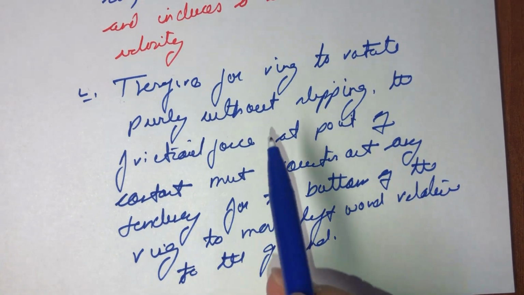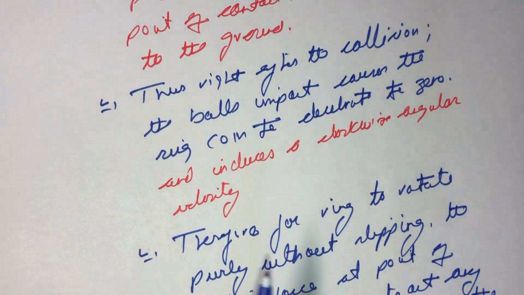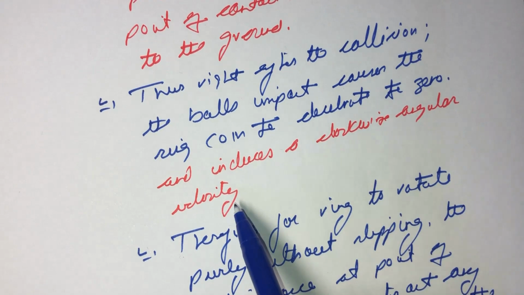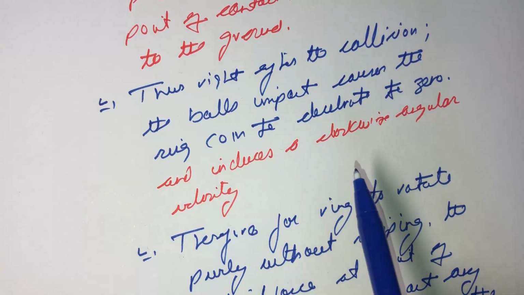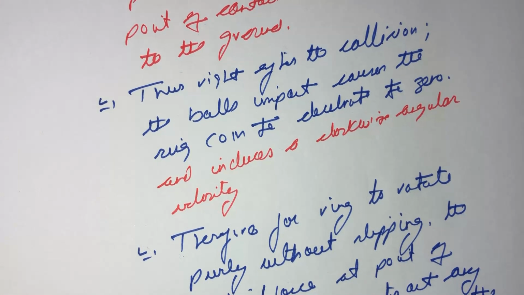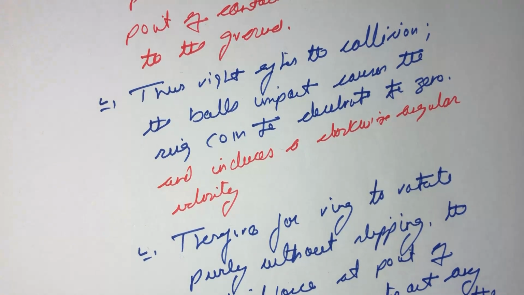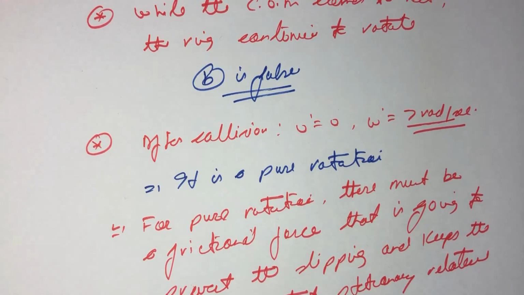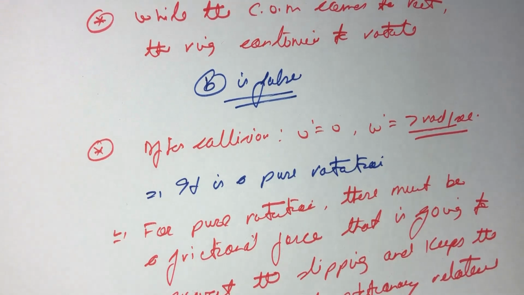Because we already said that there is a clockwise angular velocity, the frictional force acting between the point of contact and the ground will be in the opposite direction.